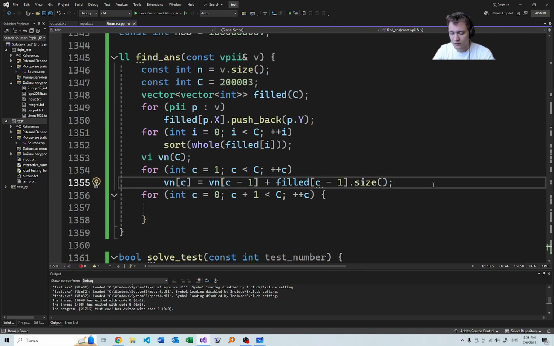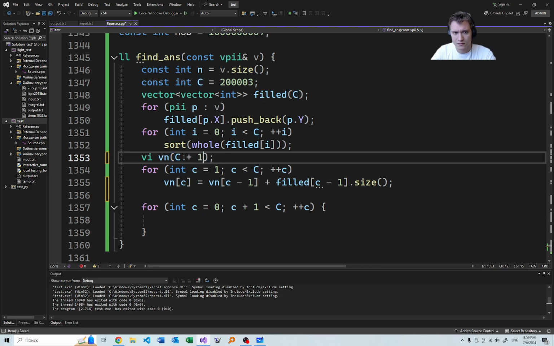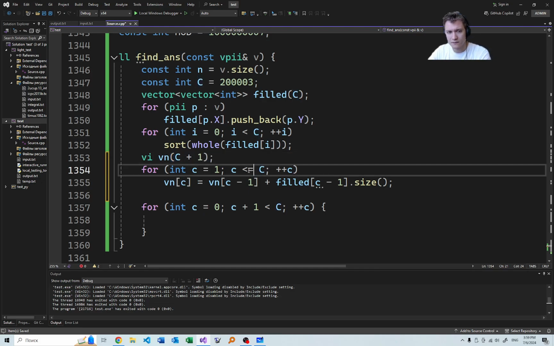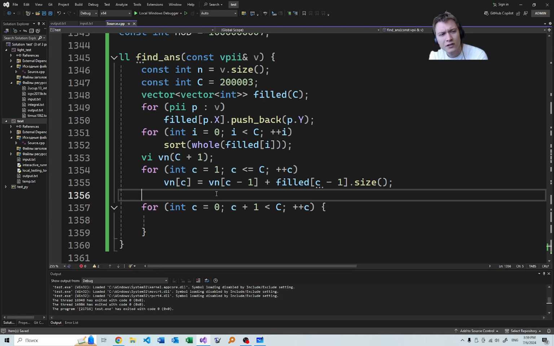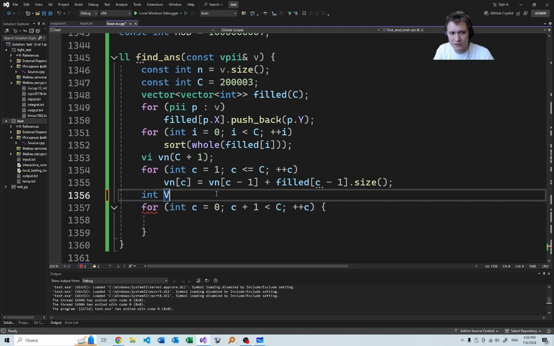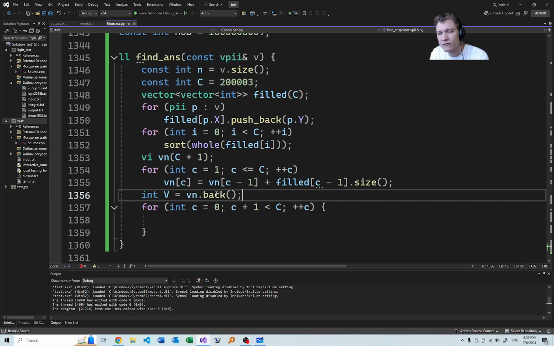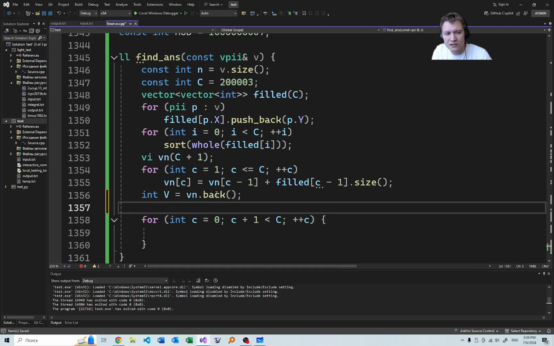Actually, let's do it like this. And like this. Okay, now vn.back is the total number of vertices. Let's call it v, which is vn.back. This is the total number of vertices. And now I want to start constructing my graph.